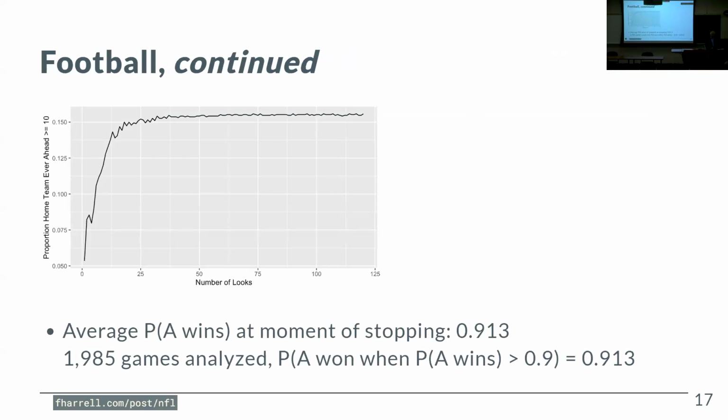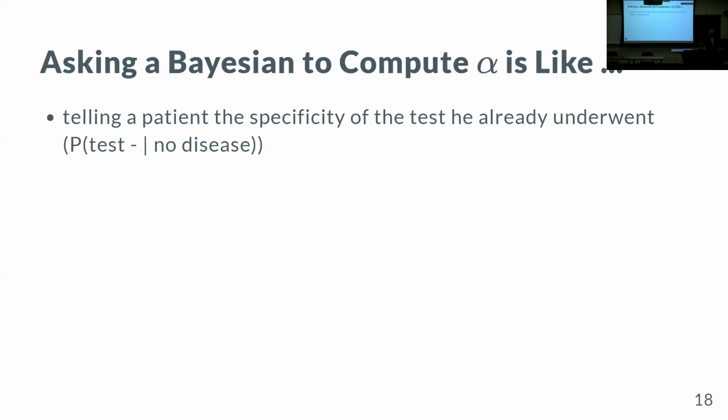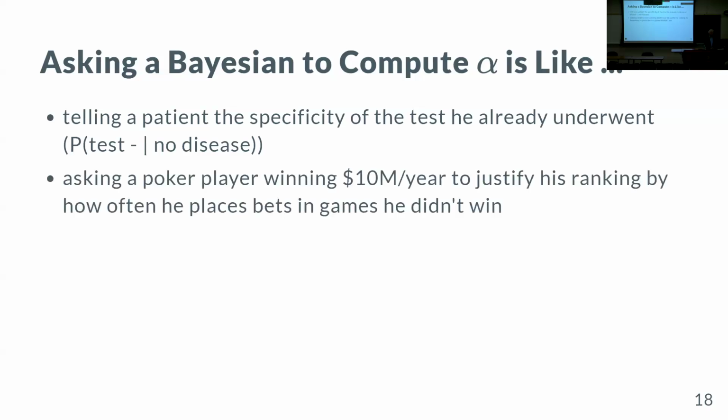So asking a Bayesian to calculate alpha is like telling a patient the specificity of a test that he already underwent. Specificity and sensitivity are of no relevance once you have the test result in hand. It's like asking a poker player who wins $10 million a year to justify his rankings by how often he places bets in games he didn't win.